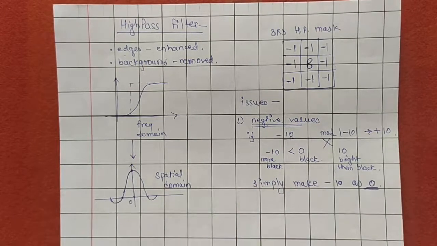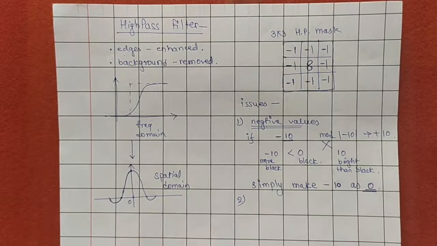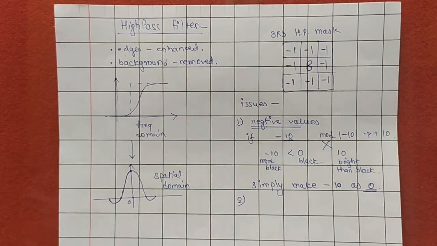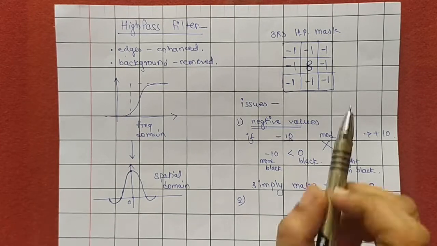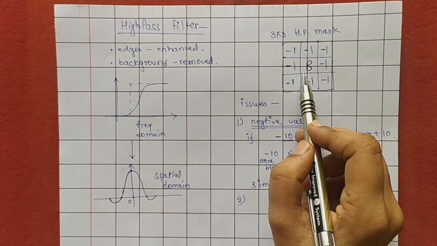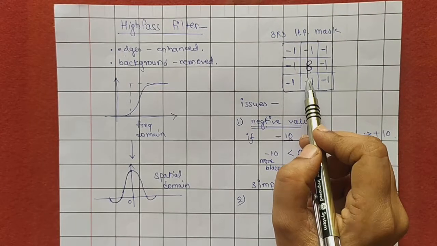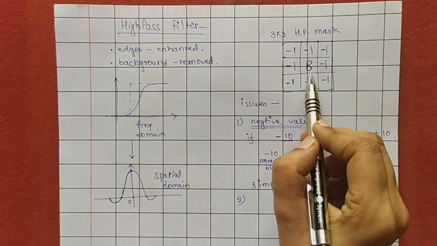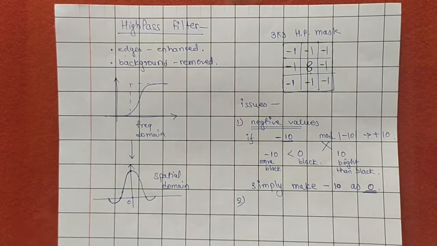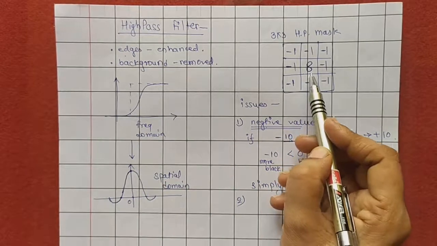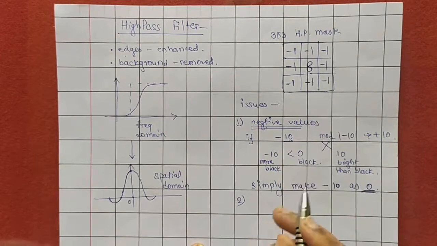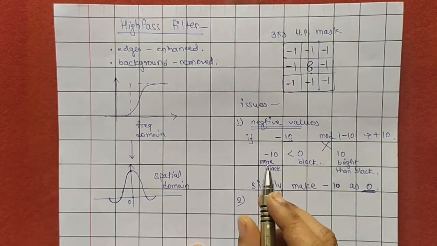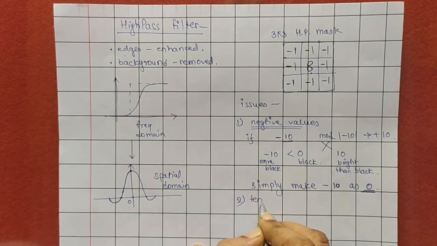Now the second problem: the values of the original image at the edge are very large, and there is a tendency of those large values to go out of range due to the center weight of the mask. This problem can be encountered in high pass filtering also, and to eliminate it we can use a scaling function.